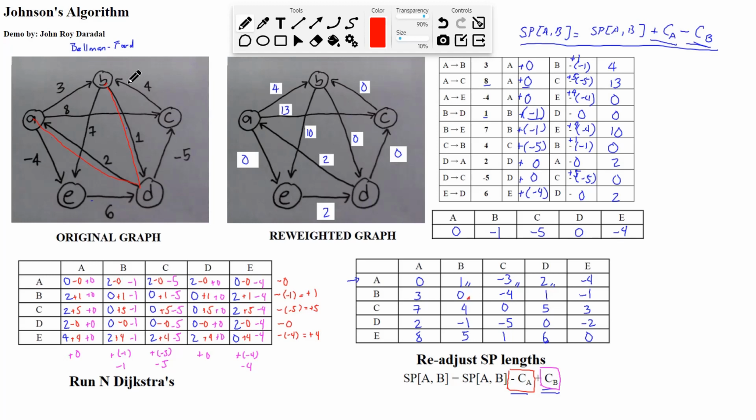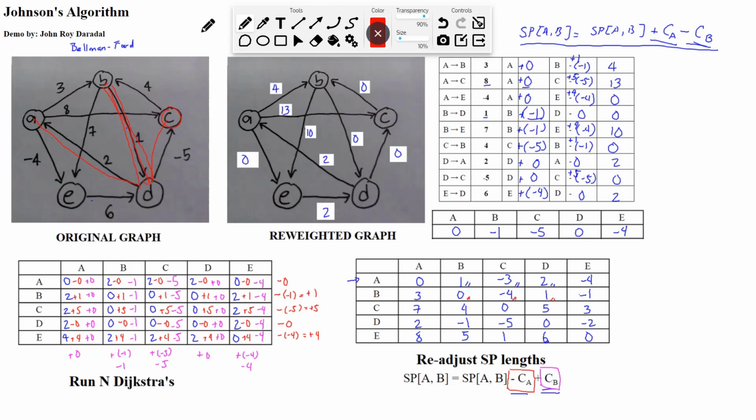B to C is negative 4. Okay, so how do we get negative 4? From B to C, we pass through D, so that's 1 minus 5. So that's negative 4. Okay. And then from B to D is of course direct 1, which is just 1. Then from B to E, it will take negative 1. Okay, how will we get there?